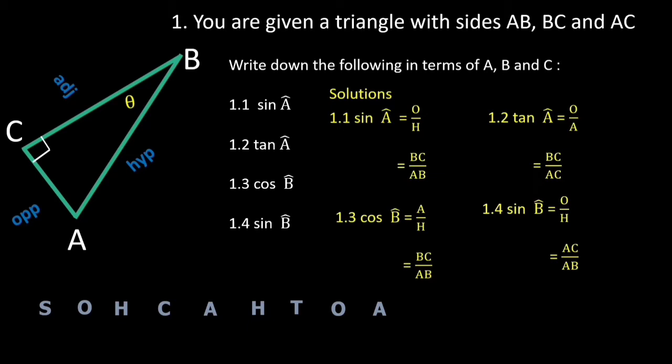Only the hypotenuse remains the same because it's always opposite the right angle. If we shift the reference angle position, we can also shift the opposite side or the adjacent side position in relation to the right-angled triangle. Okay, so that is how you can write down the ratios of sine, tan, and cos.